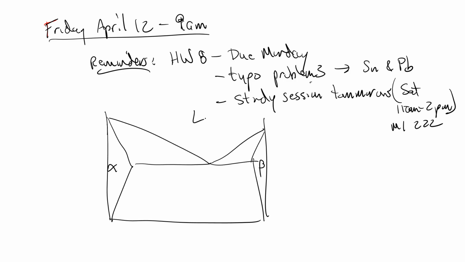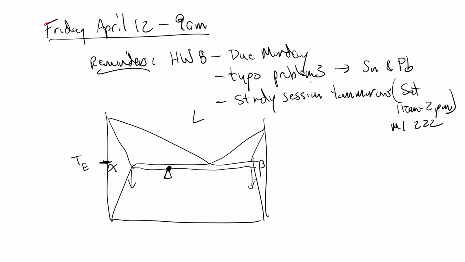The first aspect is, let's say that I'm at some temperature down here below this eutectic temperature. The eutectic temperature is right here, T sub E. If I'm at any temperature down there, you always just put a dot, draw a tie line, do the lever rule. That gives you all the information we need.